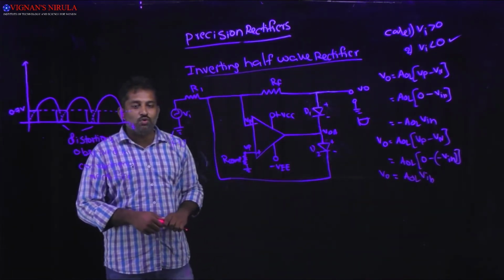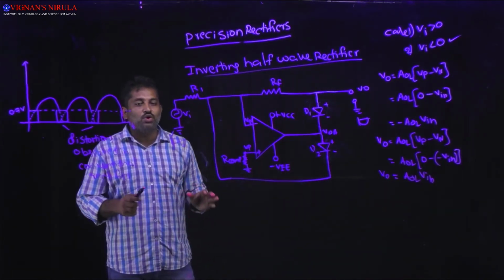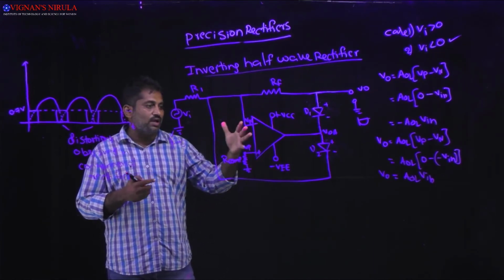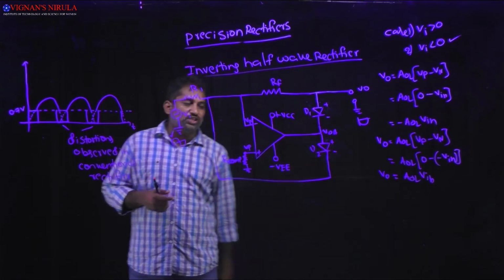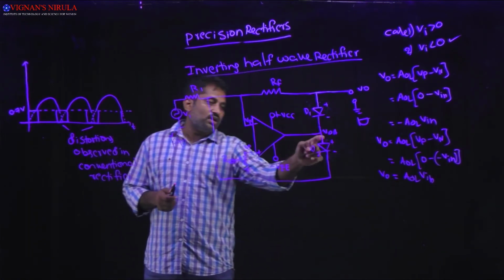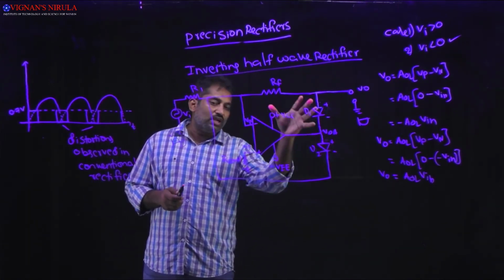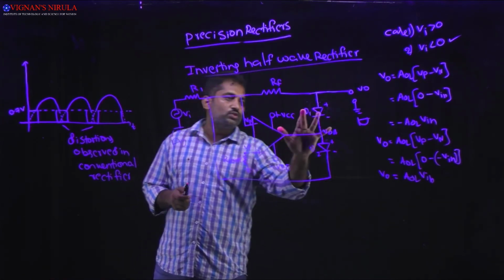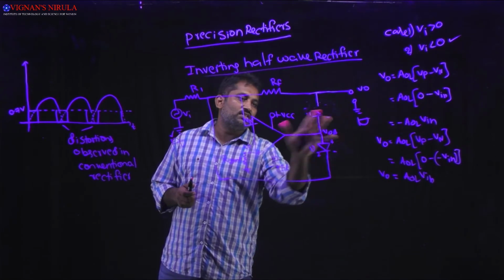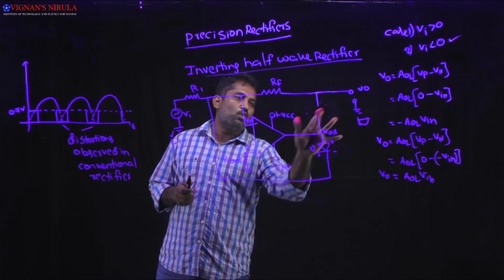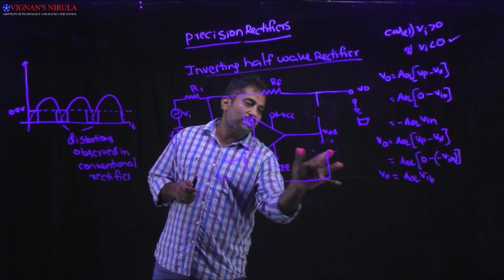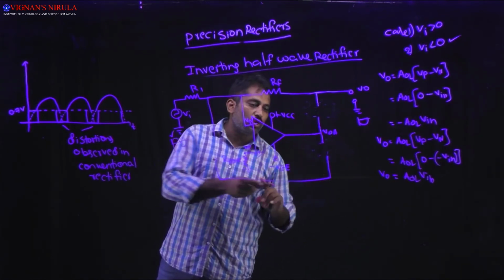Due to the high open loop gain of the op-amp, we will get a large positive value at the V naught position. So what happened? Because of the large positive value, the diode D2 will be conducting and diode D1 will be off. In this case, D1 will act as an open switch and diode D2 will be conducting, and this will act as a closed switch.